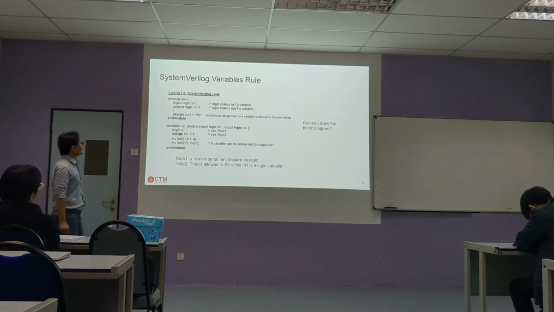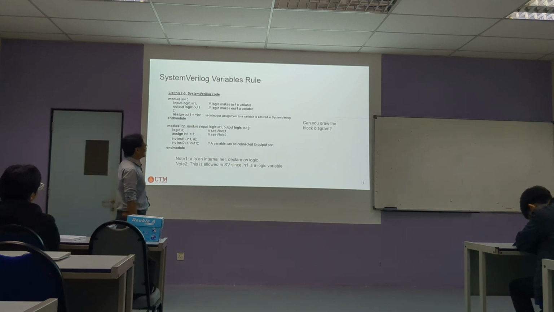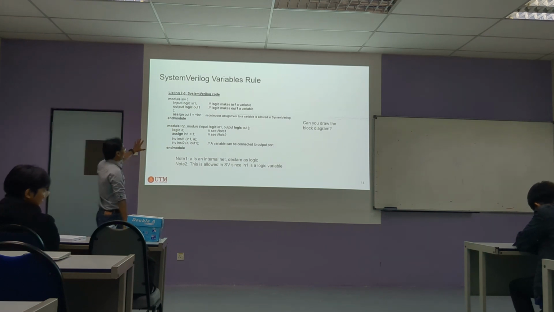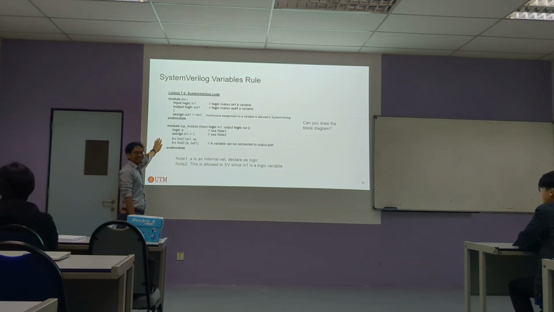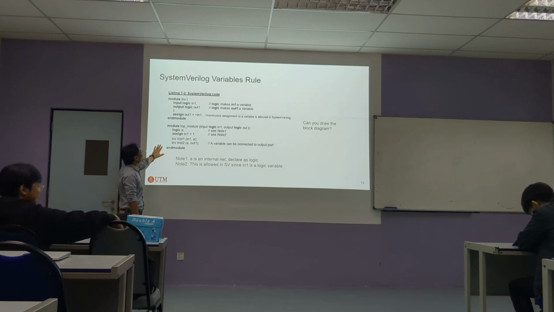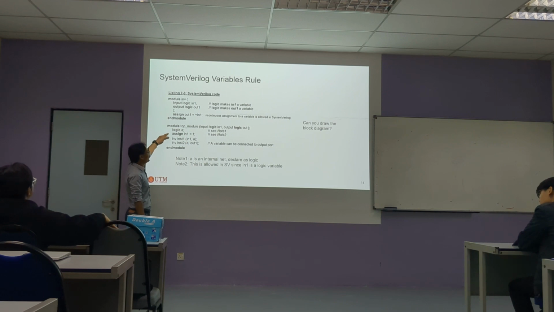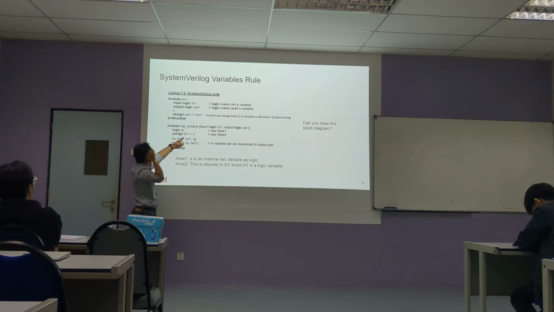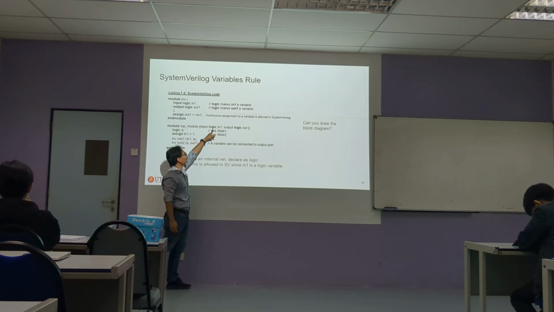Okay, so let's try to draw the block diagram. Maybe a little bit of revision on your RTL. What we have is the top module instantiating two inverters. We have the logic here, logic A, assign in1 equals 1, and in1 is an input logic.